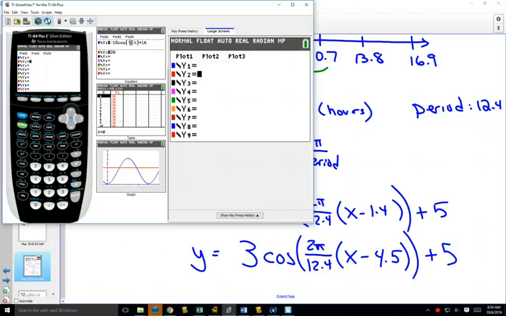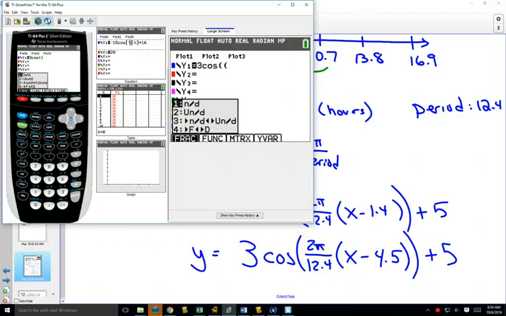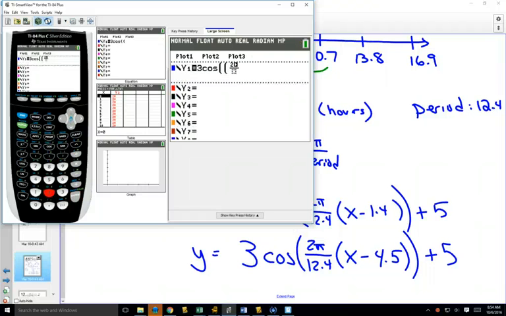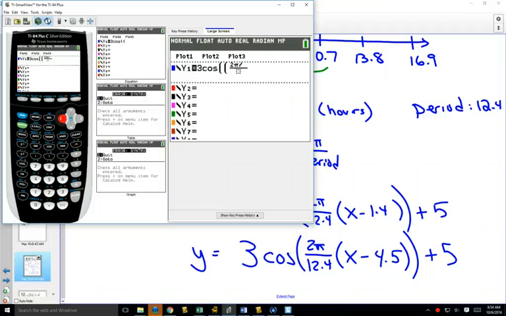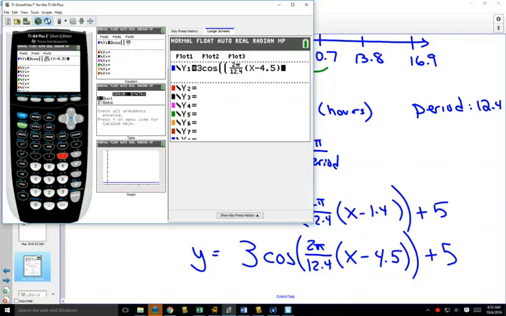Clear out our other data. y equals 3 cos. I always forget that they give you a set of brackets.